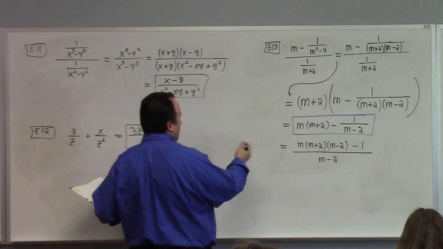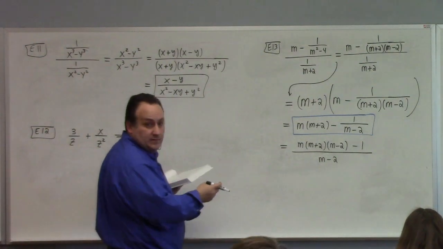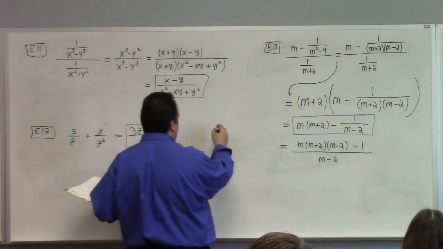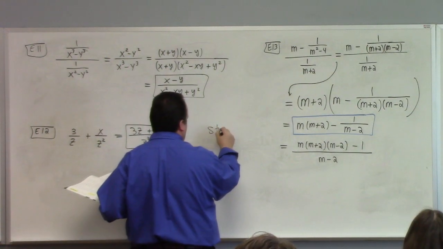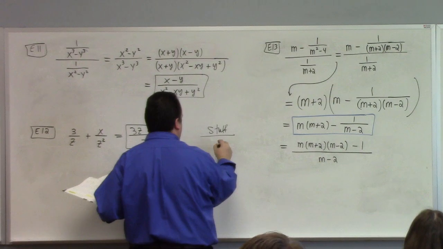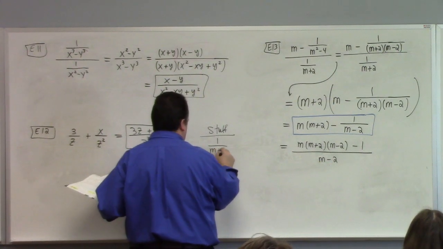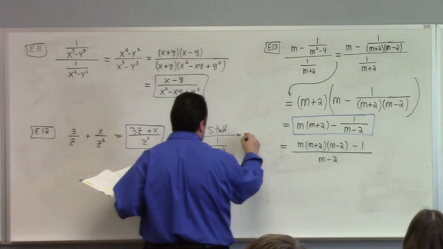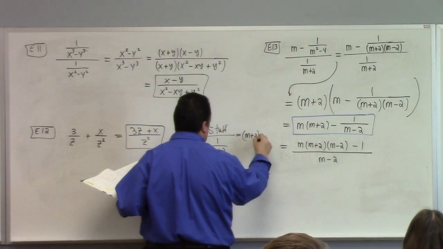Oh, it's because, what's that? I wasn't following the position. Oh, I mean, I've got stuff divided by 1 over m plus 2, right? Yeah. So this is equal to m plus 2 times stuff. It's just that.